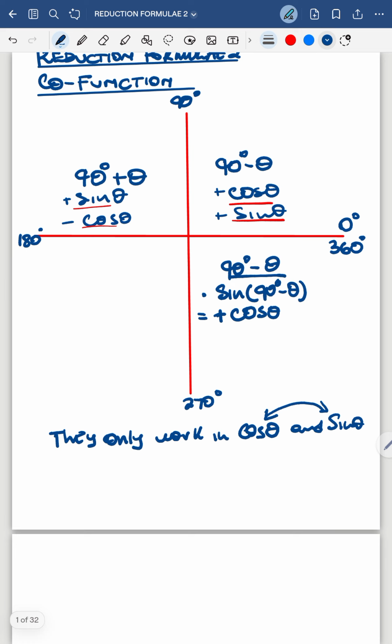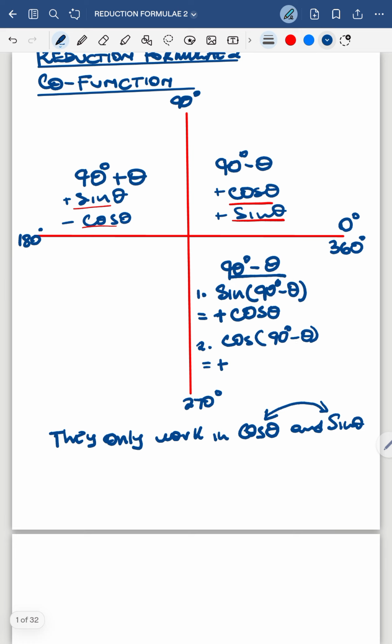Now let's come to cosine theta. If I have cosine of 90 degrees minus theta, what will I have here? I ask myself, 90 degrees minus theta, which quadrant is this? It's the first quadrant. How is cosine in the first quadrant? It's positive.